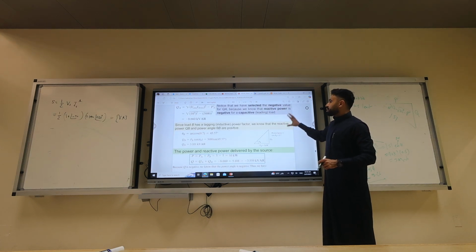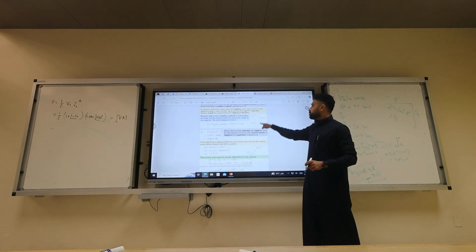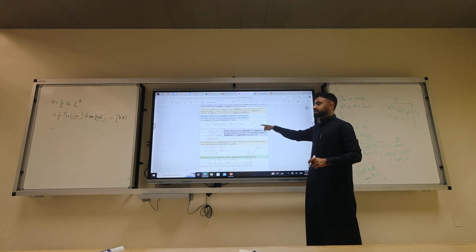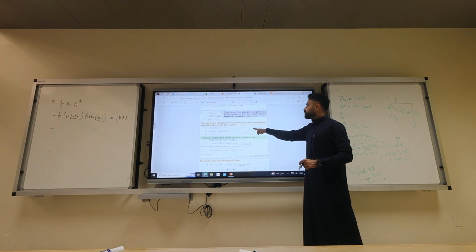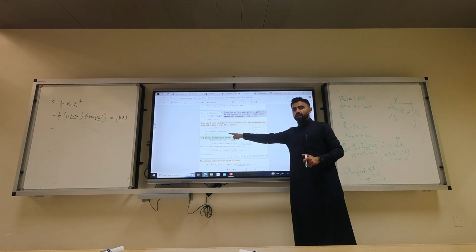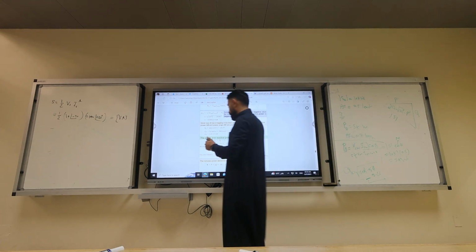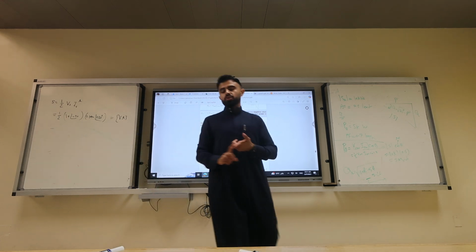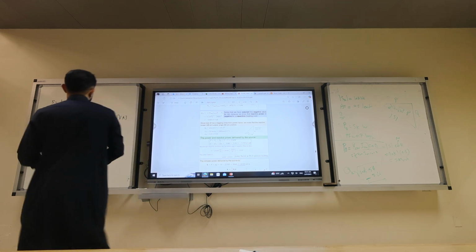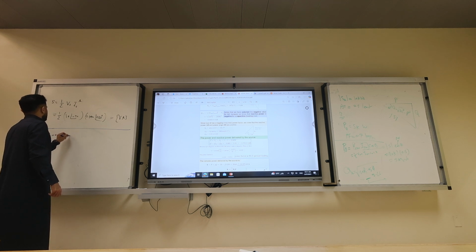So now we're done with the first triangle. We know Q, we know S, we know P for A. You do the same calculation for the inductive load, or the lagging one. You already know the real power, but you don't know S and you don't know Q. So the first step is you have to calculate what? You know the power factor is 0.7 lagging.